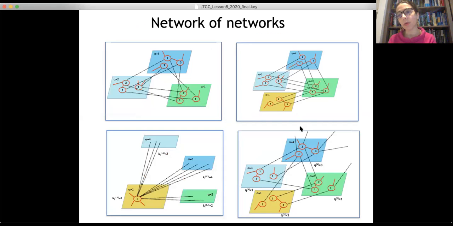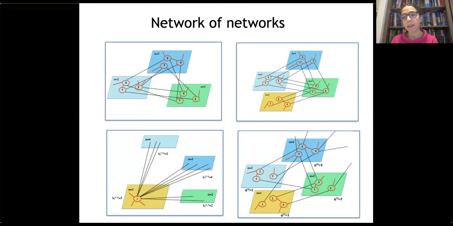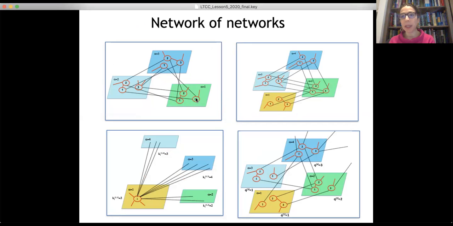So multi-layer networks can be quite complex. They might include networks of networks, so include interactions within each layer and between layers. And in networks of networks, you have a lot of degrees of freedom in how to place these interlinks, so these links among different layers.